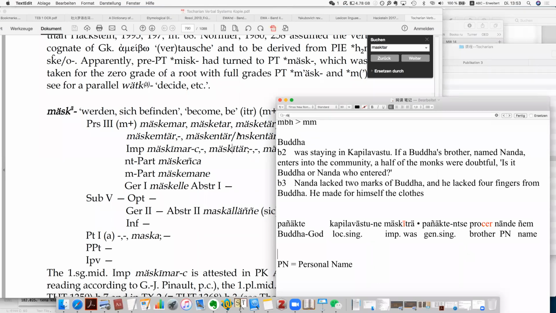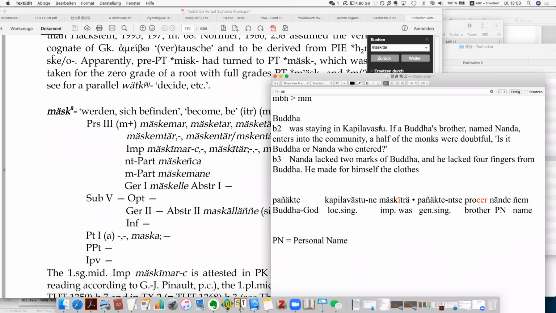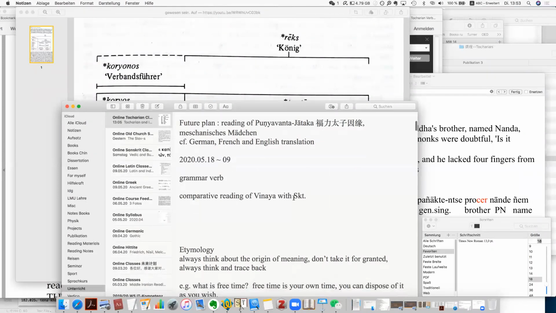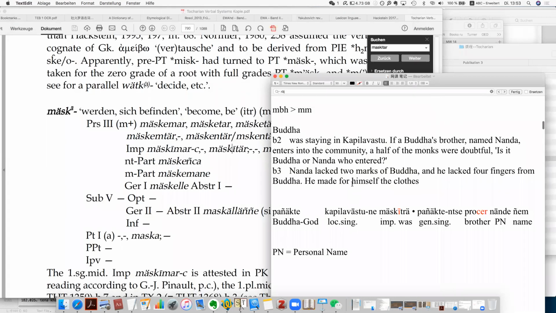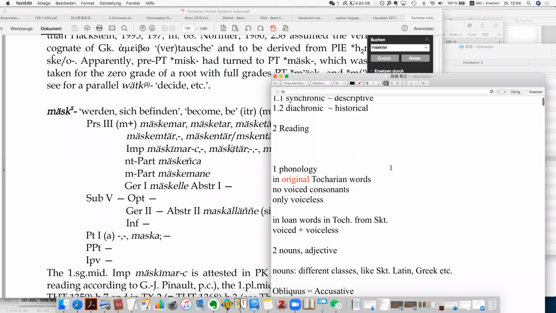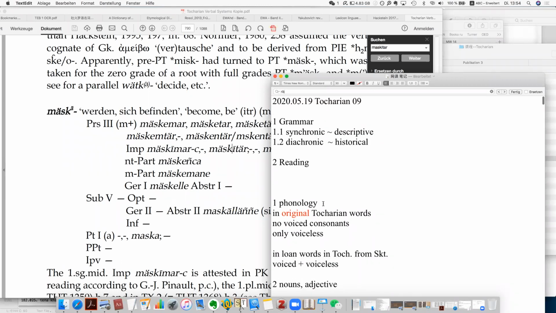And now, before we stop, let's make a brief summary, and then we will explain the next section, the words for kings. So I make a brief summary.